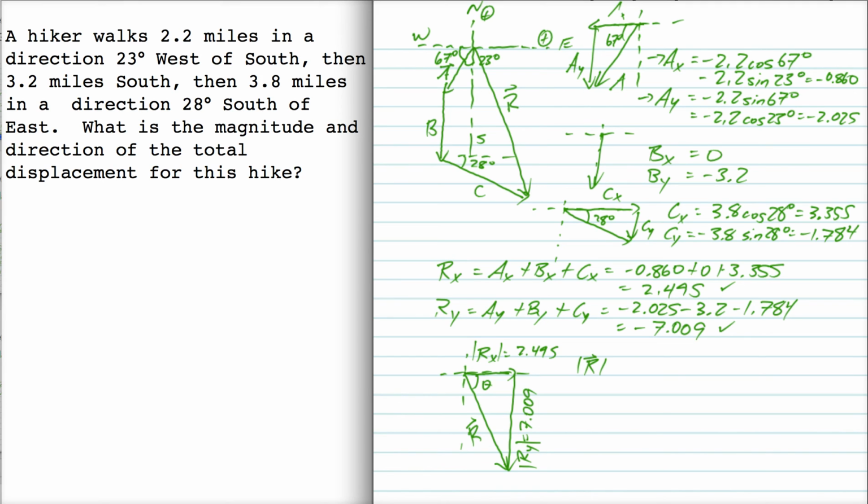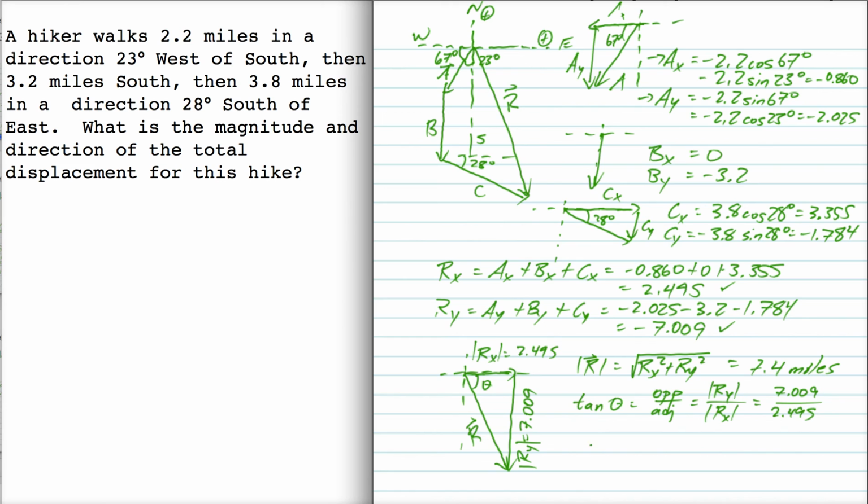So the resultant R, the magnitude of it is found using the Pythagorean theorem. That's 7.4 miles. And then the angle theta, well, we have tangent theta is equal to opposite over adjacent, which is the magnitude of Ry over the magnitude of Rx, or 7.009 over 2.495.